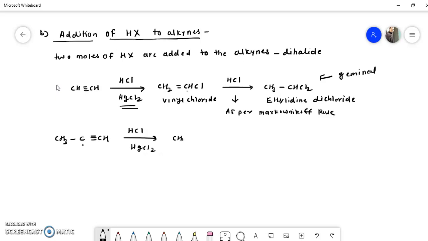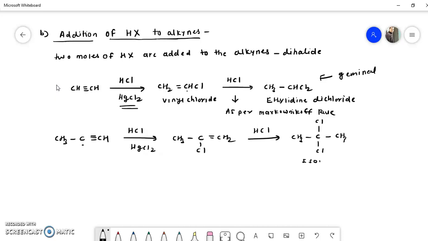So we can say CH3 CCl double bond CH2. So this will be the product in the first step. So again if we add HCl, then we get this product CH3 CCl2 CH3. The name of this product is isopropylidene dichloride.